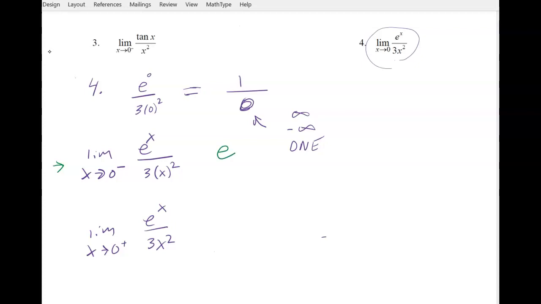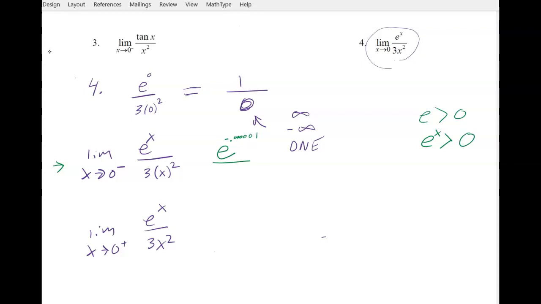Now, when you have a really, really, really small negative number, you don't get a negative value on the top. Any positive base raised to a real number is always going to be greater than 0.